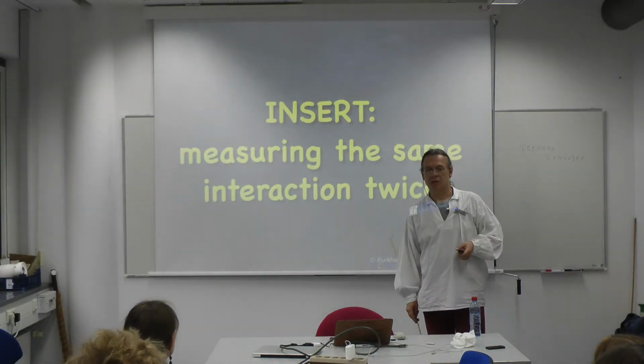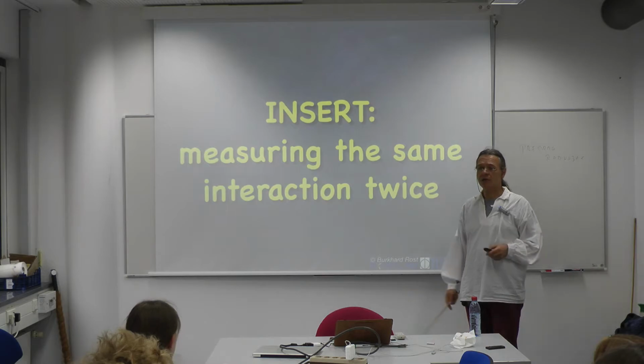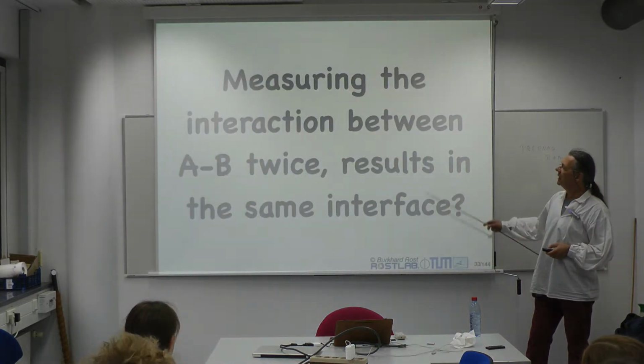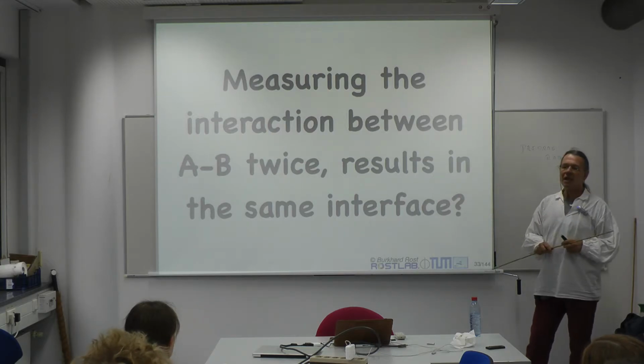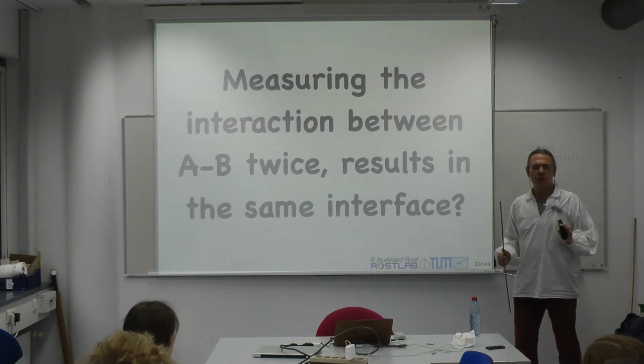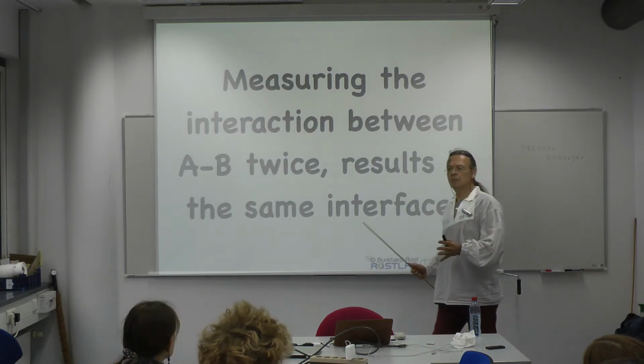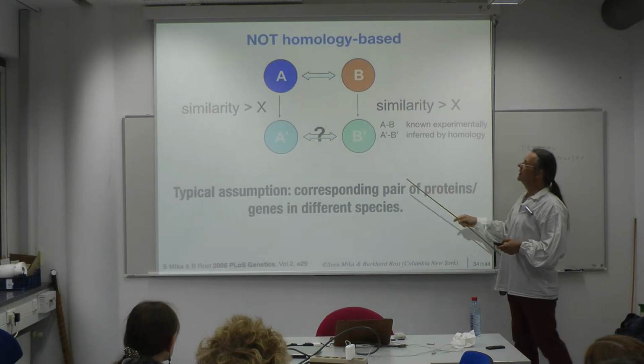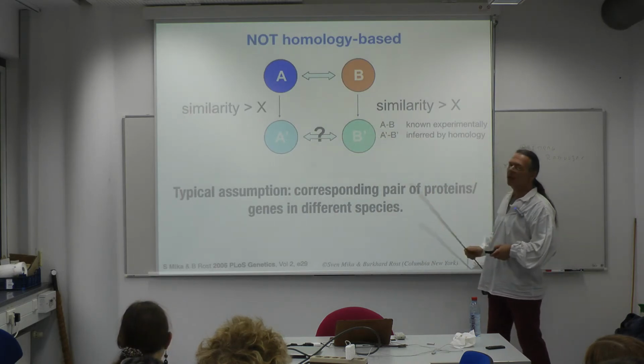That brings me to another question. The question of what happens if I measure the same interaction twice? In this particular case now, I use A and B. It's not a homolog. So I measure A and B twice. So this is not the homology-based inference here, where I have some sequence similarity between A and A prime.